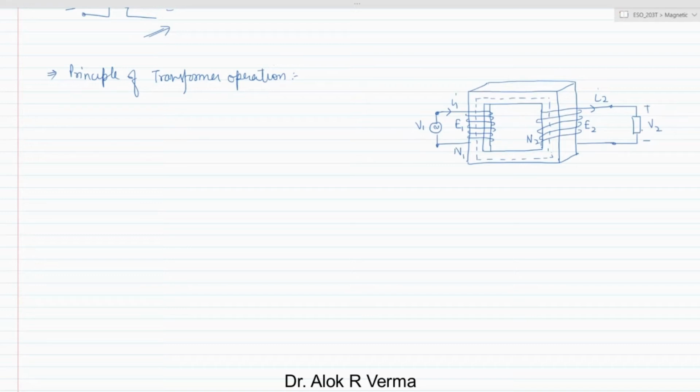Okay, so the role of transformer is to transform the energy from one voltage level to another voltage level. So basically V1 by V2 is equal to E1 by E2 is equal to N1 by N2. So this is a transformation which takes place through this magnetic circuit, and the magnetic link is being provided by the core.